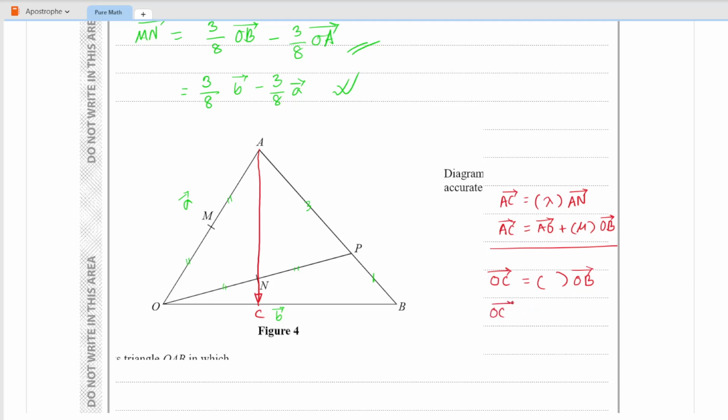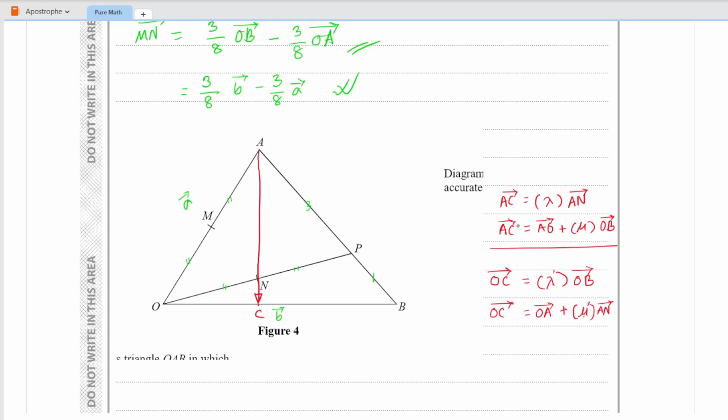The other way is OC is equal to OA plus AC. Now AC, we don't know the value of AC, but we can say something multiplied by AN. So if this is, let's say, lambda, this is mu, but don't confuse, this mu and this mu are not equal. Okay, let's say this is mu prime, lambda prime.